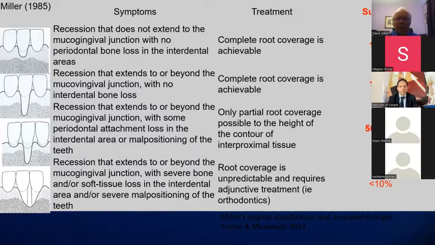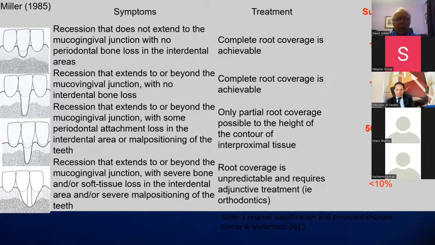So if we're looking at treatment and coverage of the root surface, in class 1, you get 100% success, as with class 2. In class 3, the success goes down to 50 to 70%, only partial.